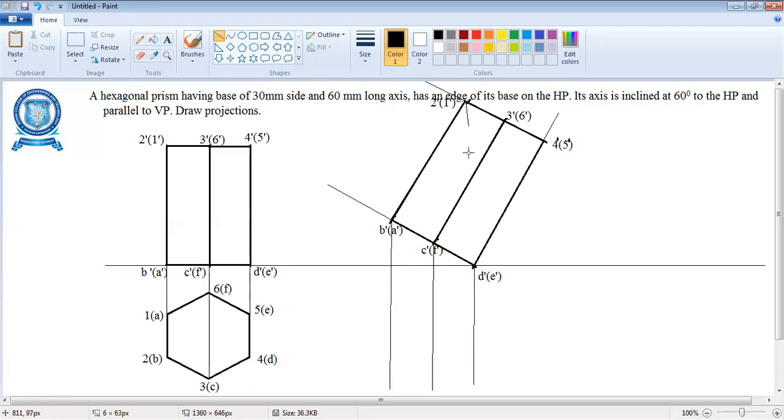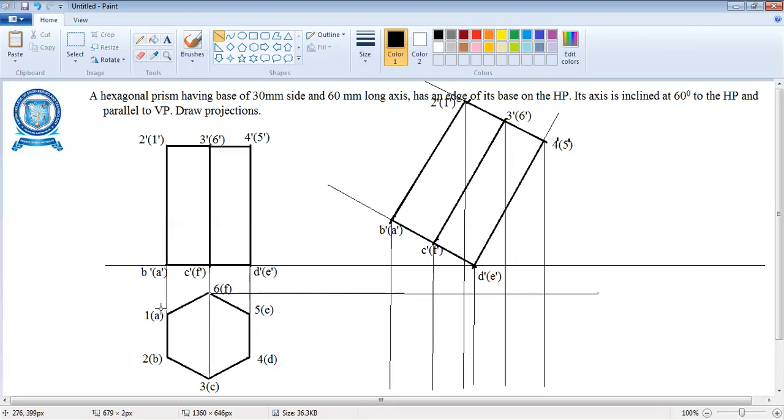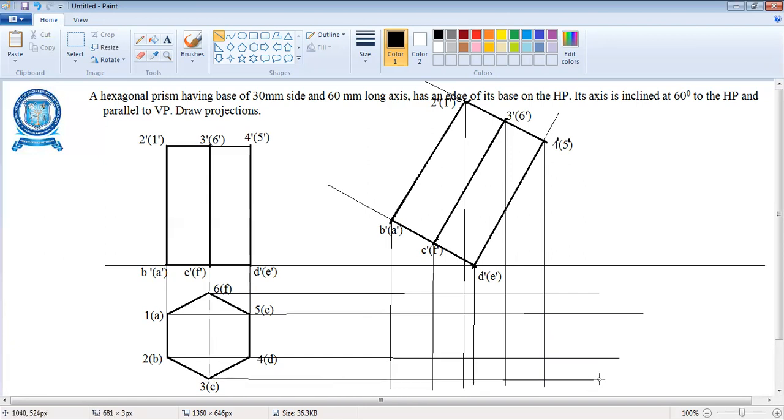Project all the points from the front view, and project all the points from the hexagon also.